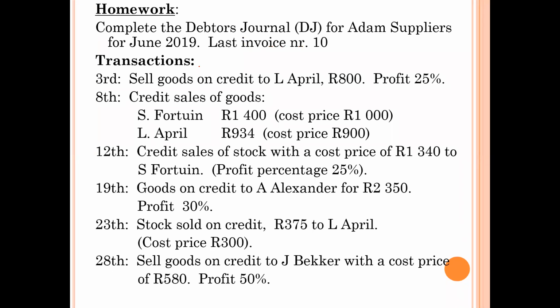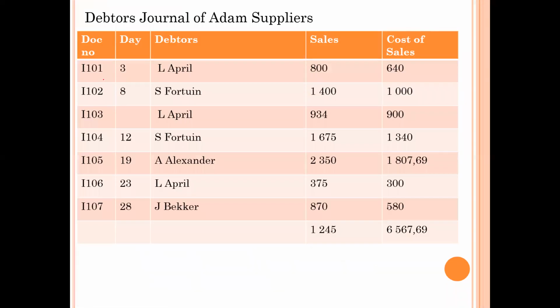And then you should go on now with number 11, okay? And now you guys will see what I've done there. I've got different invoice numbers there, so you just go on. So the one on the third will be invoice number 11, and then the next one 12, 13, and so you will go on. All right. Okay, so let's go back to the transaction one.